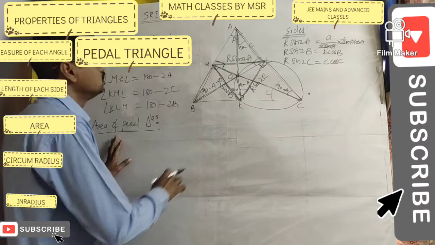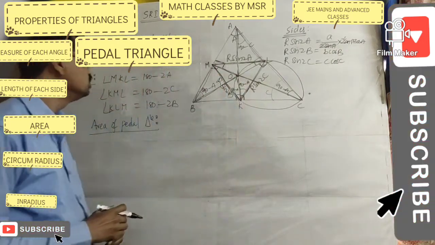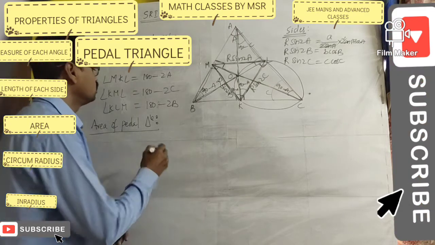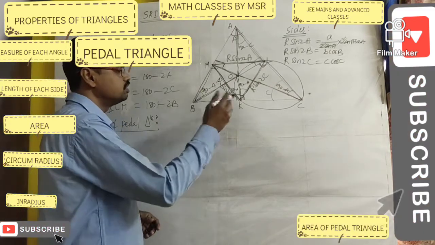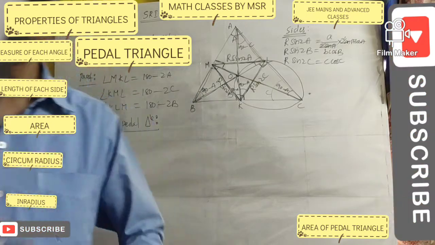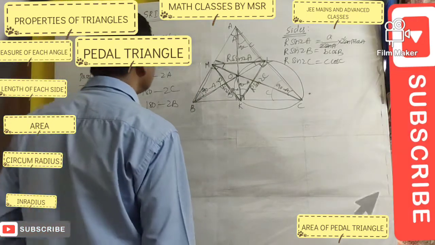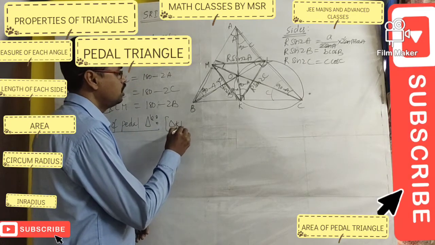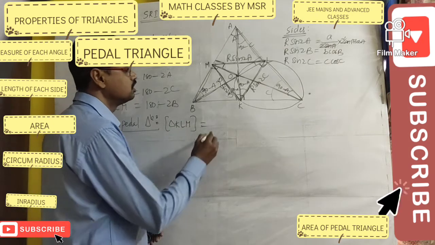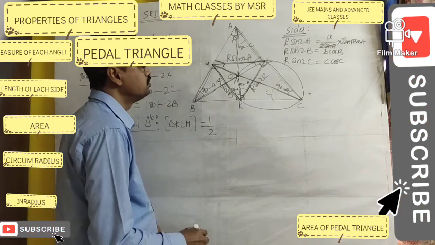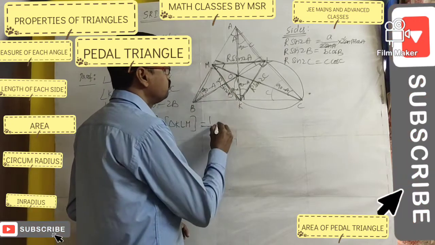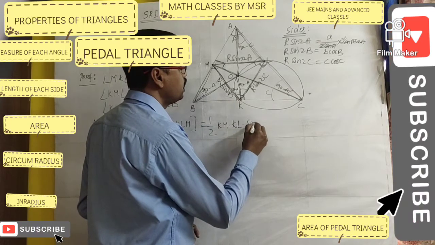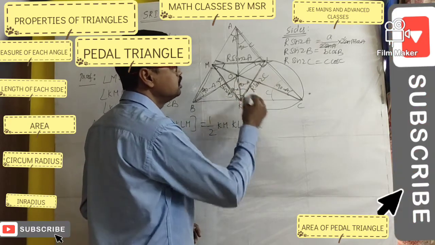Now we will discuss the area of the pedal triangle. We know that in general, the area of a triangle is half of BC sin A, or half of CA sin B, or half of AB sin C. Using that property, the area of triangle KLM, that is the area of the pedal triangle, is half of KM into KL into the sine of the angle between these two sides, that is 180 minus 2A.